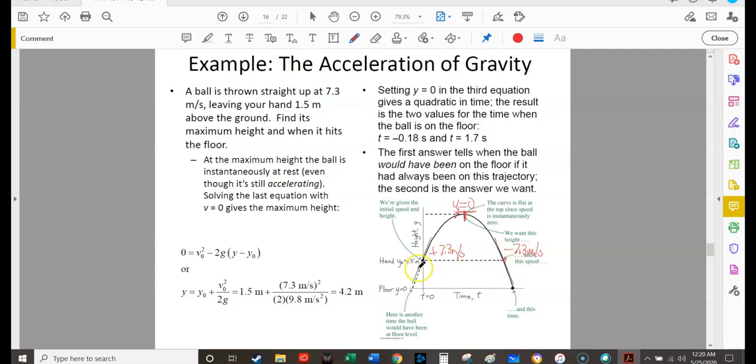So from positive 7.3 meters per second upwards, it's going to slow to a stop, and then it's going to speed back up to 7.3 meters per second as it's coming back down. And that's what these equations are saying. So this is free fall motion, or motion up and down.